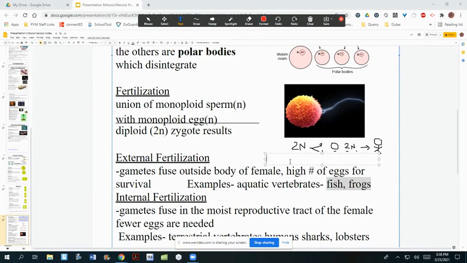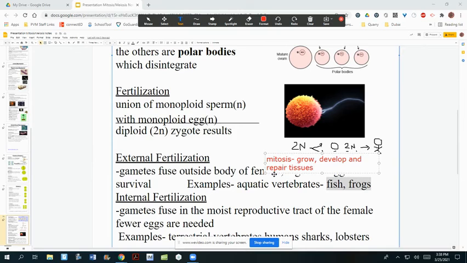Mitosis, remember, is used to grow, develop, and repair tissues.